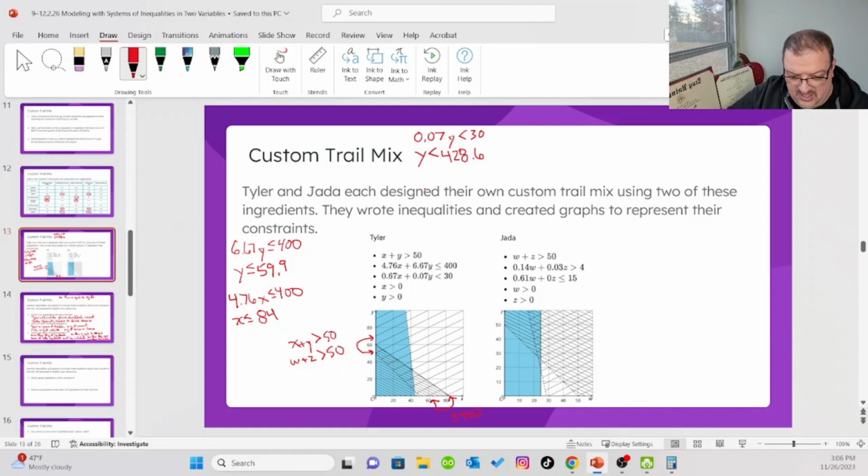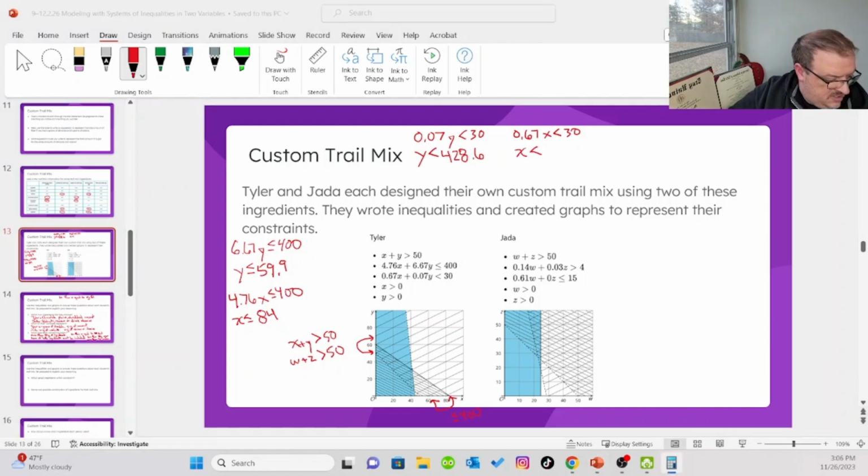And if we did the opposite, and we said 0.67x less than 30, x would have to be less than 44.8.